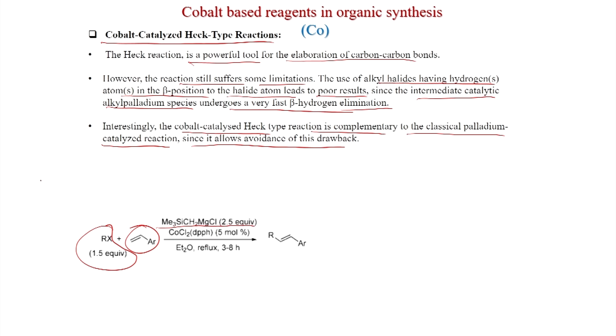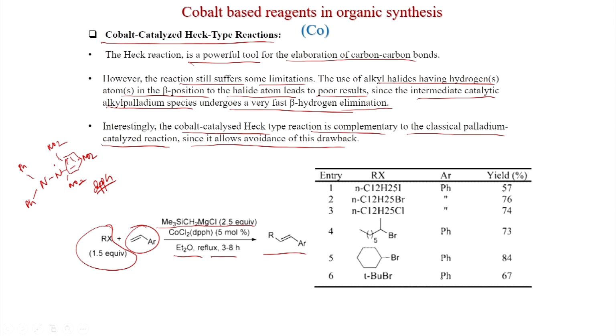So, DPPH is this ligand. With ether reflux for 3 to 8 hours, you get this Heck coupled product, and this is the scope. This is of course n-C12H25I, with Ph as Ar, that is the styrene. You get this product in 57% yield.